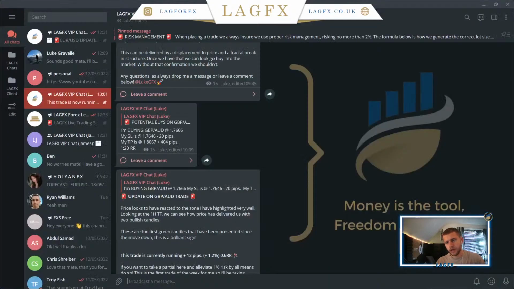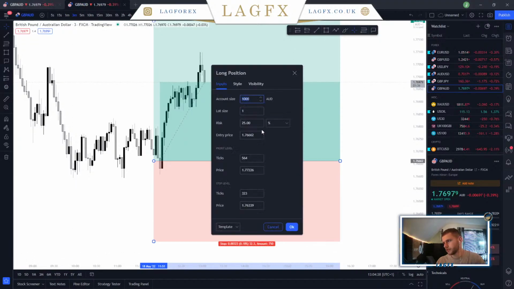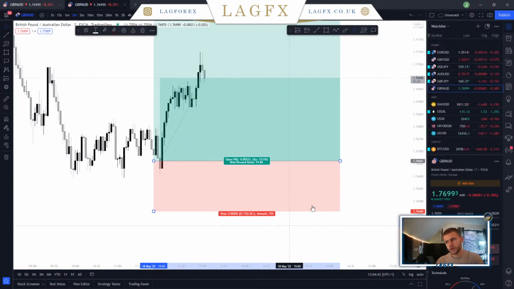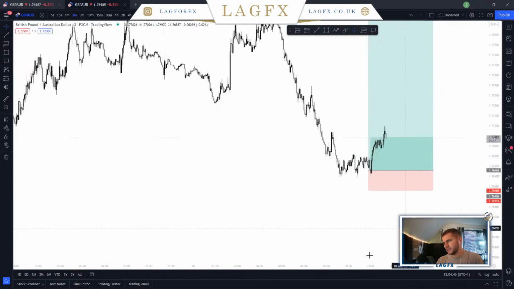And then we move that over onto the second screen, the SL was 17646. Take profit was 186.7. That takes us to a 20 to 1, or a 1 to 20 trade.